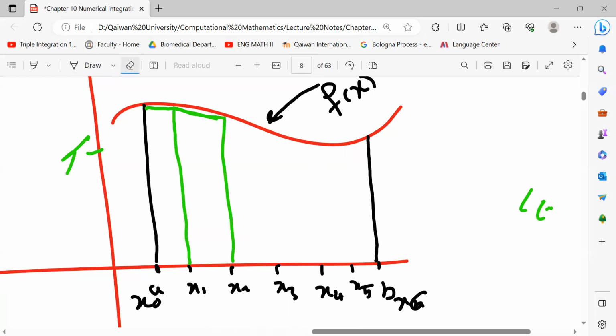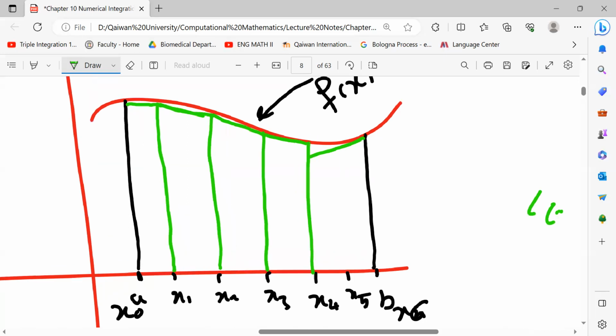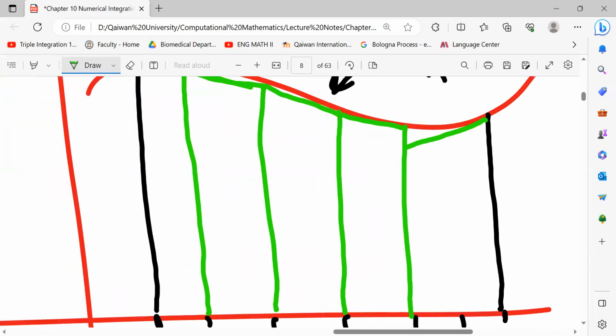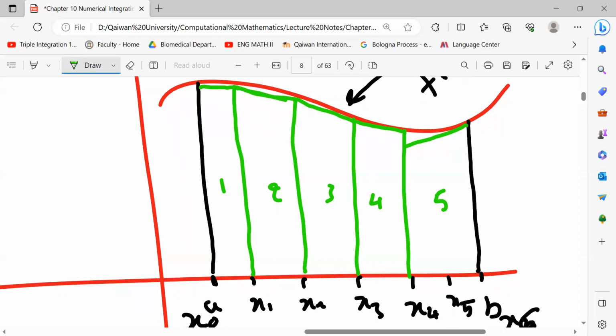Then for x3, for x4, it's like this. And then this. Okay. We have 1, 2, 3, 4, 5, 6 trapezoidal shapes. Okay, so it's 6, not 5. And you have this also.